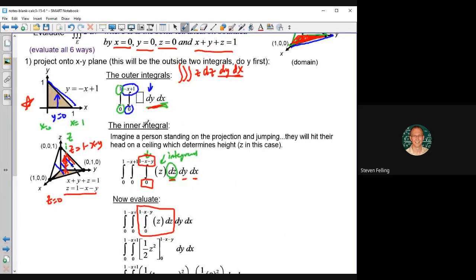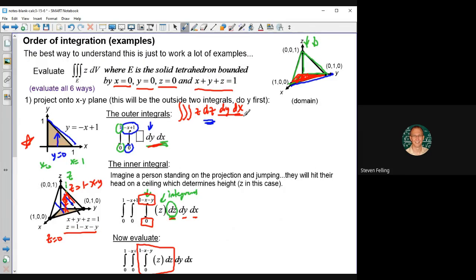So the key idea is you pick something for the inner integral and the inner variable, and then at first you ignore it and you just deal with, okay, project onto the other plane, so the xy plane, the region you're covering, and then set up a double integral for the outer integral. And then go back and imagine if you're standing on that plane and you jump up and hit your head on something, right?